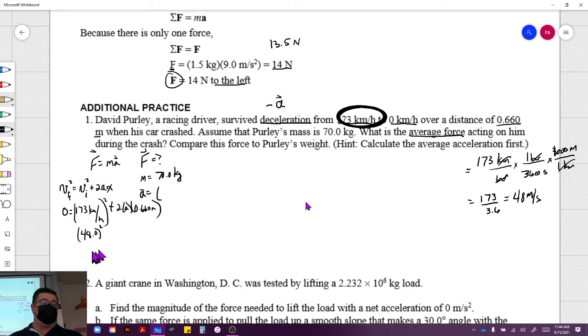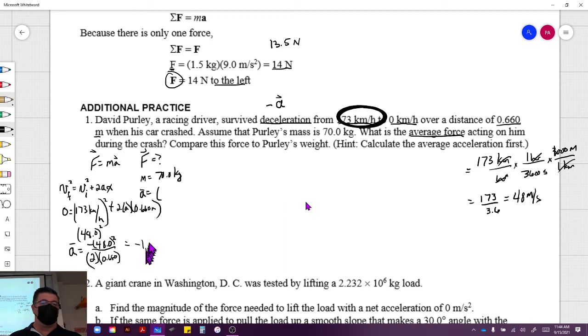And I'm going to skip a little bit of the math here. A is going to equal 48.0 squared over 2 times 0.660. And that gives us an average acceleration. Or sorry, there's a negative in there. That should be negative of all of that.